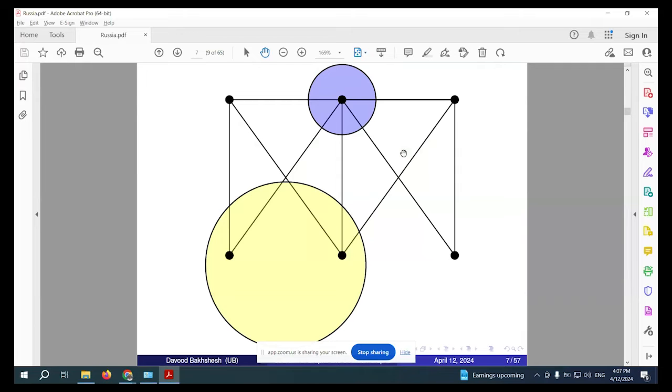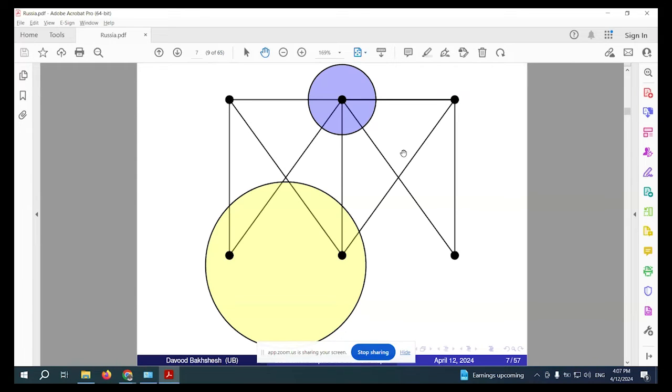As another example, consider this graph. In this graph, we determine two sets. One set contains 2 vertices, and another set is a singleton set, or contains 1 vertex.